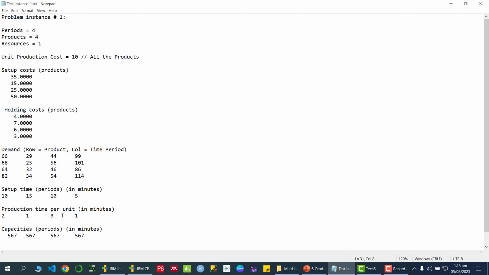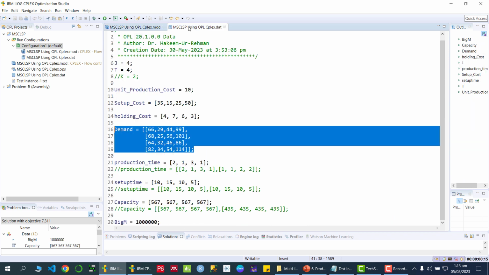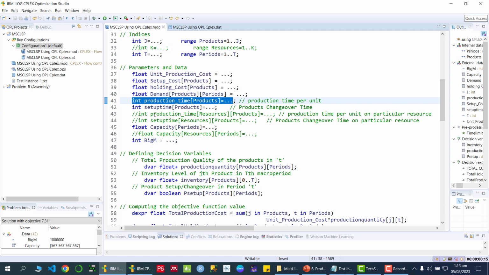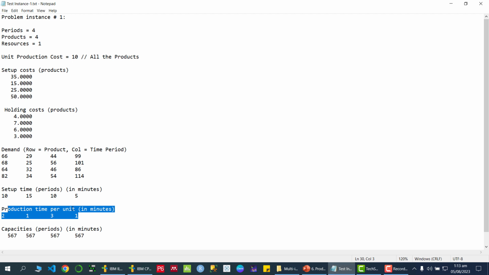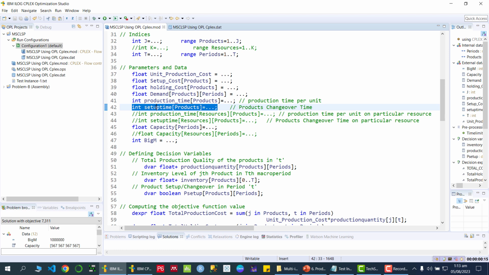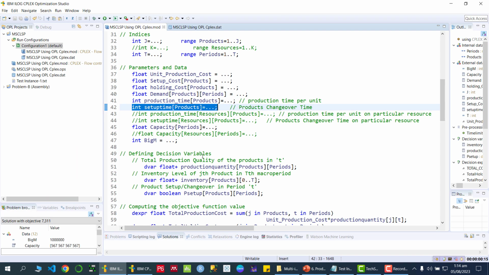That means we need only a one dimensional array, that is basically the production time against a particular product, and the time it is going to take is this one, 2131. Similarly, we have the setup time, that is again a one dimensional array, which we are going to use to define the setup time, right? And then we have the capacity, that is again one dimension, and the capacity is based on the time period, which is constant. So that is what we are considering here.